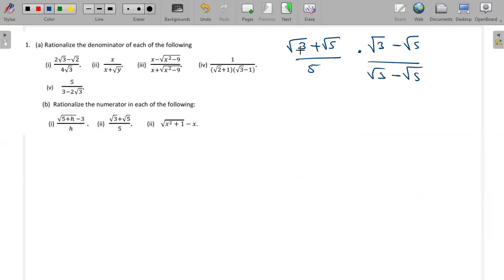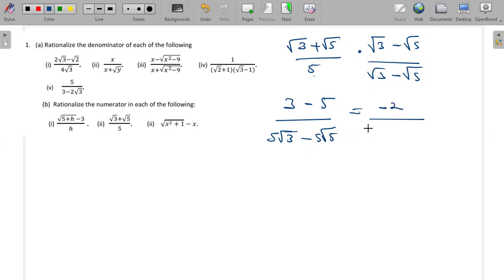So this here just gives us 3 minus 5 on top. Then down there, you have 5 multiplied by that, so you have 5 square root of 3 minus 5 square root of 5. That gives you negative 2 on top.